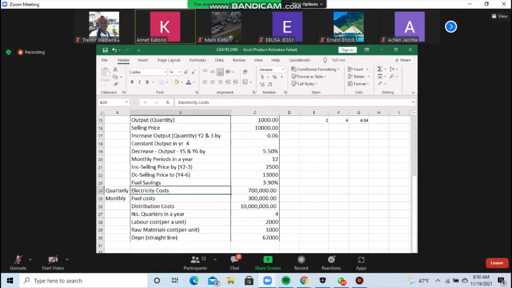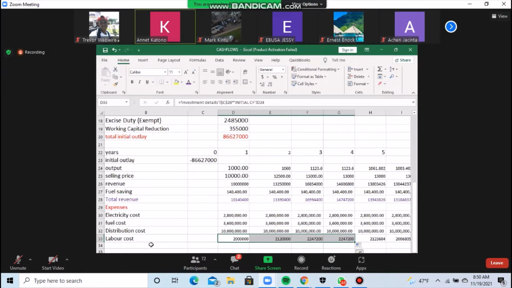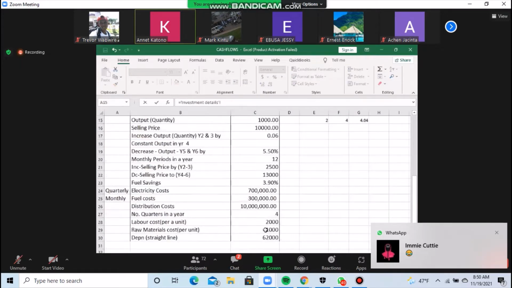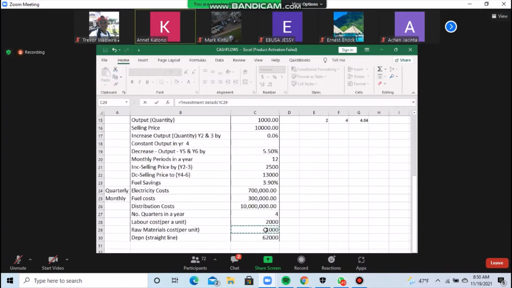So initial cash flow, this is raw material cost. Raw material cost, equal sign, investment detail, pick on the cost per unit, material cost per unit, fix it because you're using it all through that row, and multiply it by the number of units.